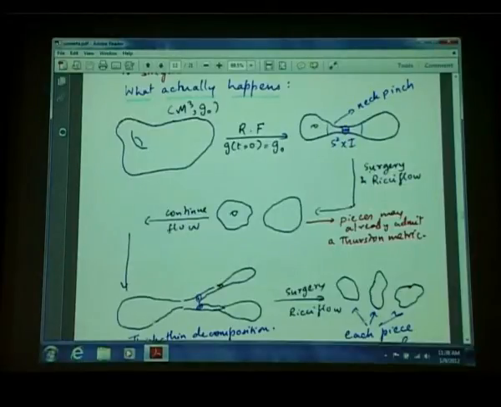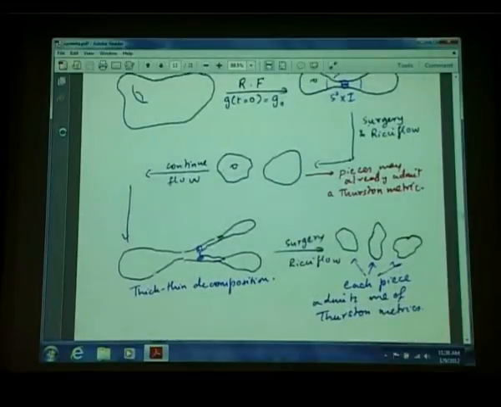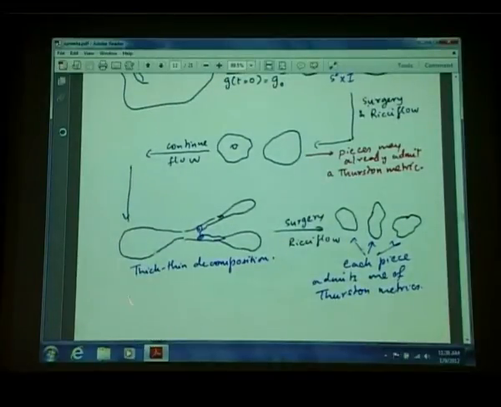Now, if you do this Ricci flow, then the pieces may already admit one of those Thurston metrics. But if they don't, then your flow will continue, and it leads you to something which looks like this. This is called a thick-thin decomposition, where there are regions of very large volume, and there are these thin regions.